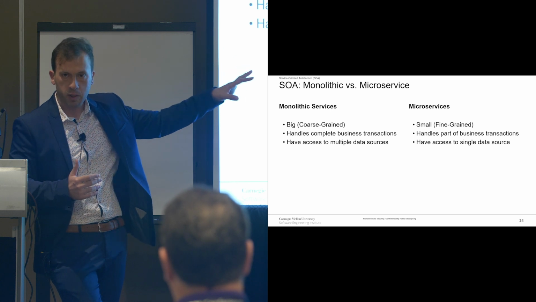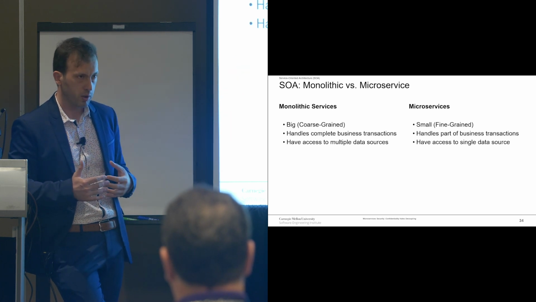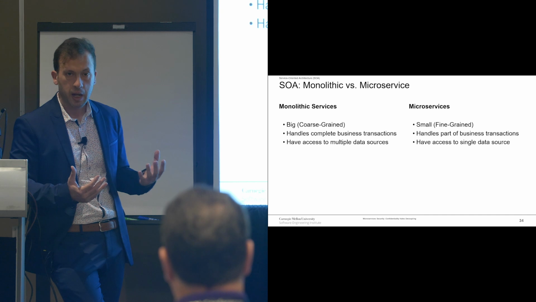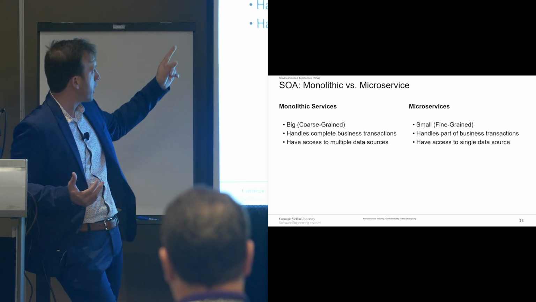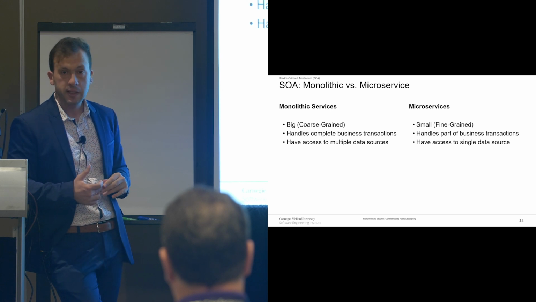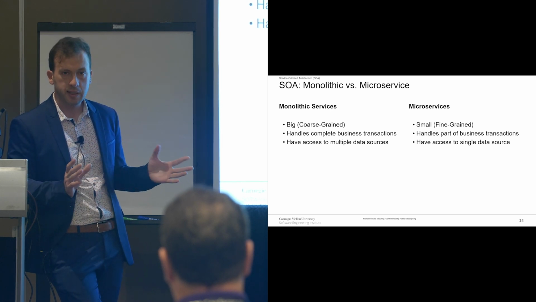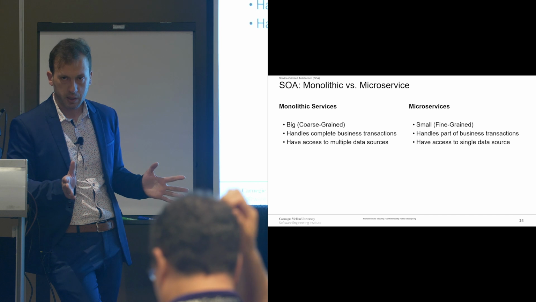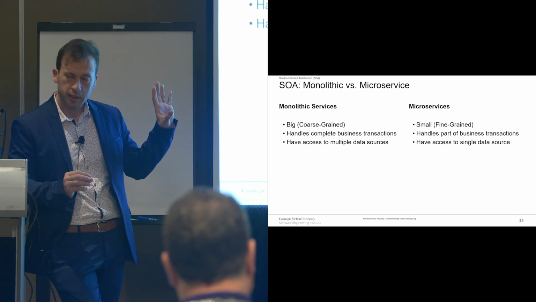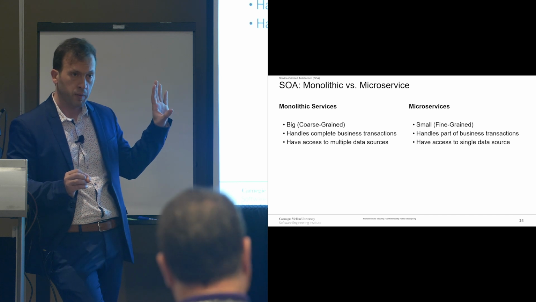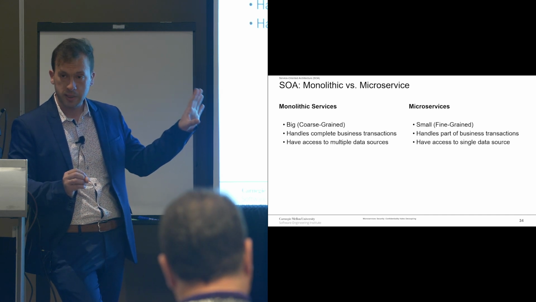On the other hand, the microservice is usually small. So the scope of a microservice is limited. We will take some examples, okay? Monolithic services handle complete business transactions from A to Z, whereas microservices handle a single part of the business transaction.